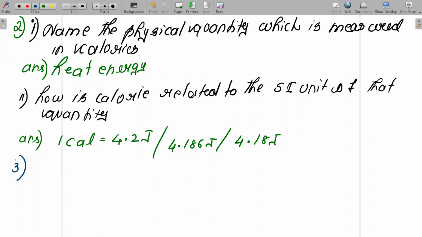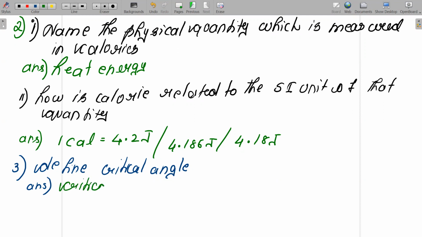Third question. Define critical angle. What is the answer for that? Now also you guys don't know, right?